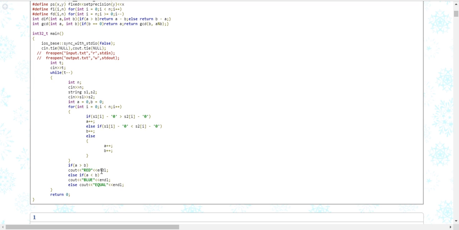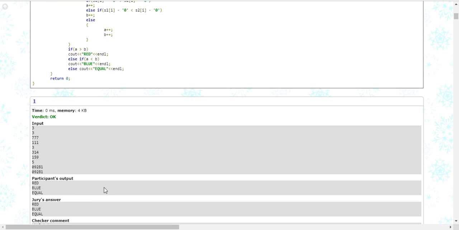So if a is greater than b, red will win. If a is less than b, blue will win. Otherwise, if a is equal to b, we just print equal. So that's the discussion and solution for this problem, and you see that it has passed all the test cases.